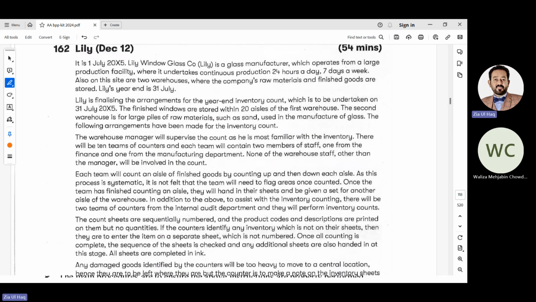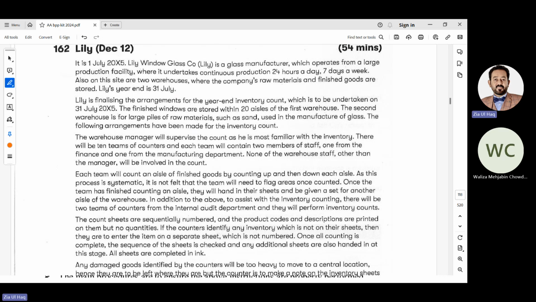It is the 1st July 20x5. Lily Window Glass Company. Lily is a glass manufacturer which operates from a large production facility. They produce glass windows, where it undertakes continuous production 24 hours a day, 7 days a week.